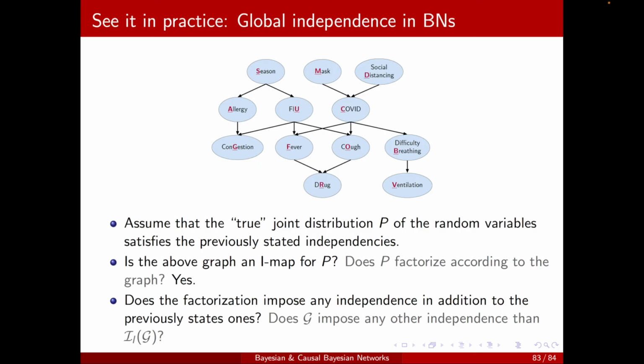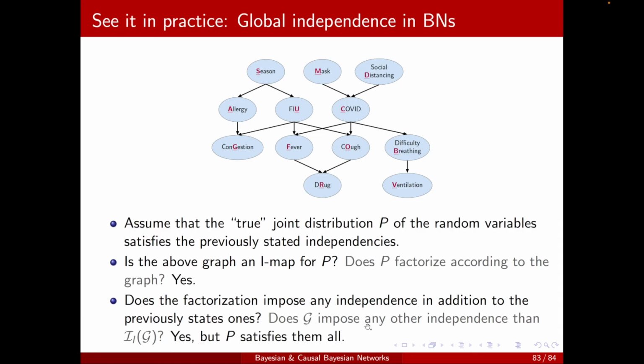Great. Okay, to finalize this, we had this global independence. This was our graph. We asked, is it an IMAP? We showed that yes, it was, meaning that our distribution P was factorized accordingly. Does the factorization impose any independence in addition to the previously stated ones? By the previously stated ones, I mean ILG. Remember, we stated 1 to 8 here, and the local ones. And the answer was yes.